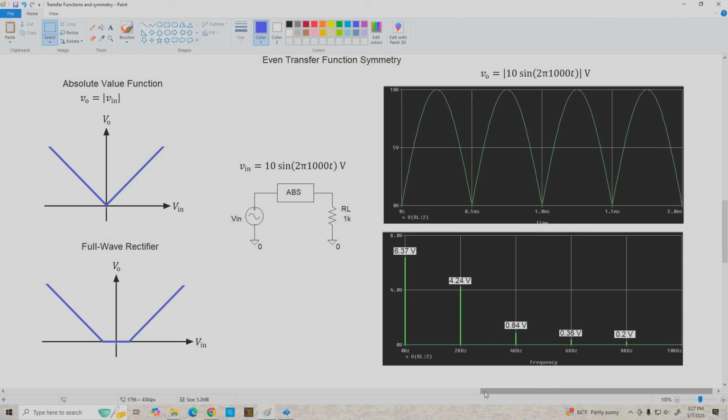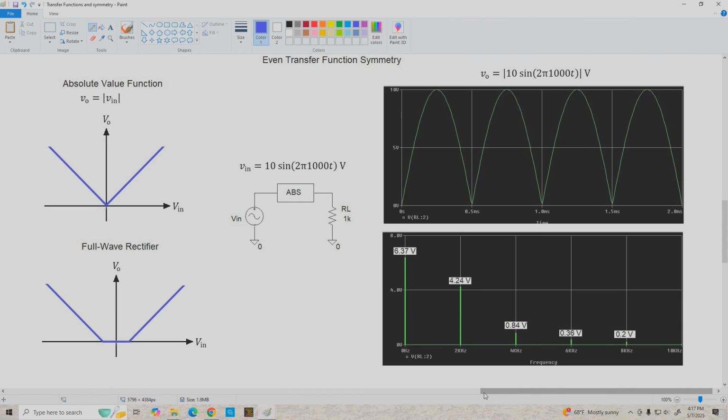So a circuit with an even transfer function would not make a good amplifier, but it does serve well as a full wave rectifier, and there are other applications as well. And by the way, we'll look at various precision rectifier circuits later on in the series 2, where we can get rid of this dead band and more closely approximate the absolute value function that we have shown here.